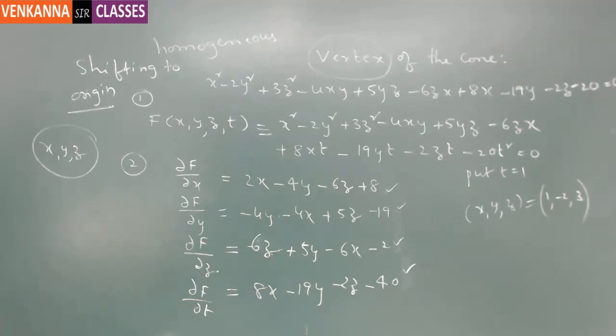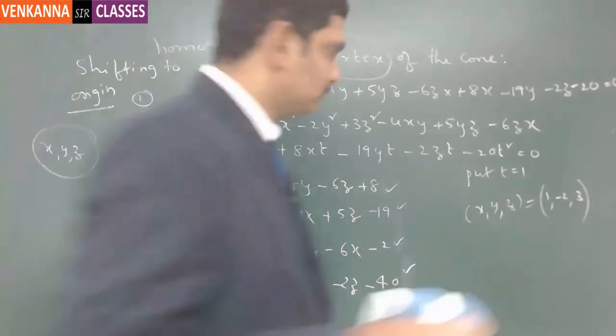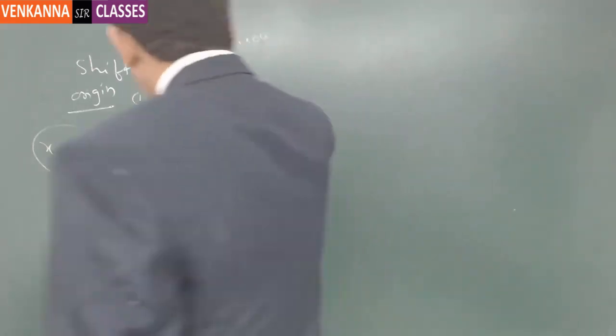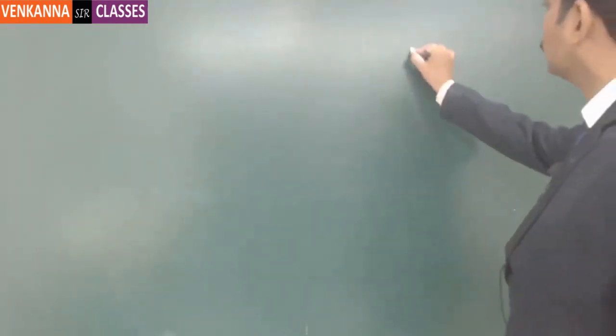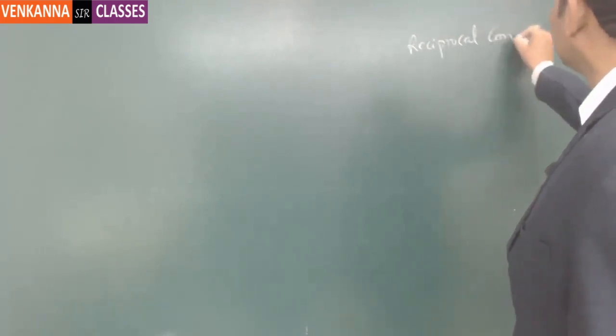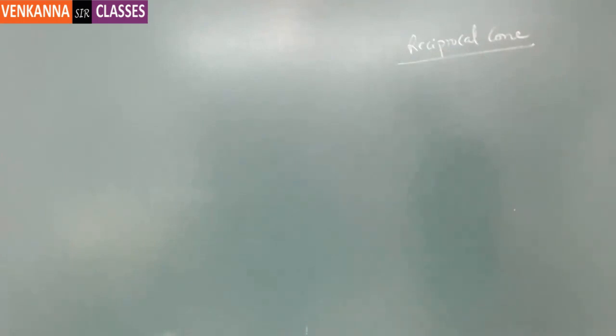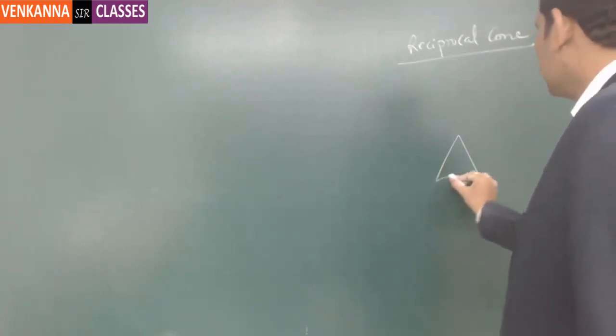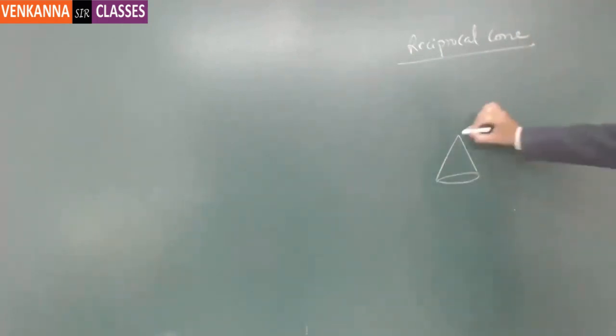Now we move to the interesting one, the concept of the reciprocal cone. In other words, we can call it the tangent cone. In the first class, I hope I have shown some pictures of the reciprocal cone. Suppose this is a cone and this is its vertex.